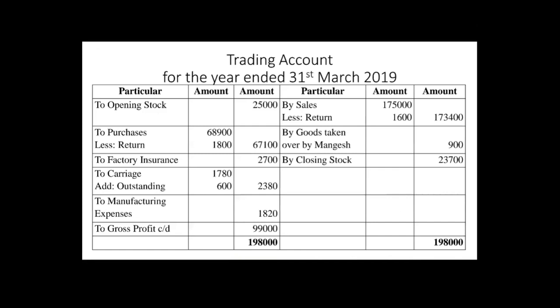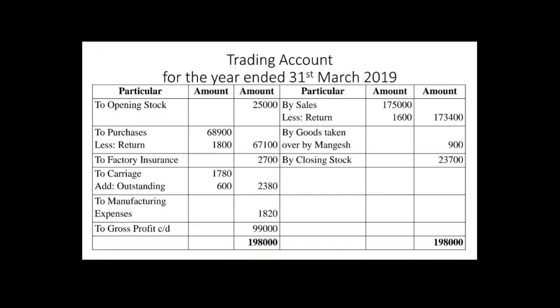Okay, so we are starting then with the first point which is there in your trial balance. The very first is stock, given on 1st April 2018. Okay, so stock is given. So this is opening stock because the date itself mentioned is 1st April 2018.